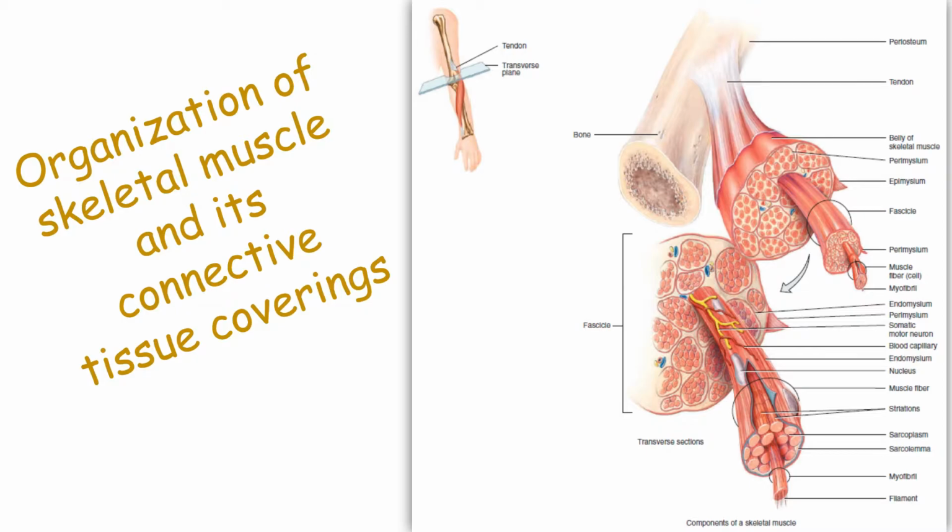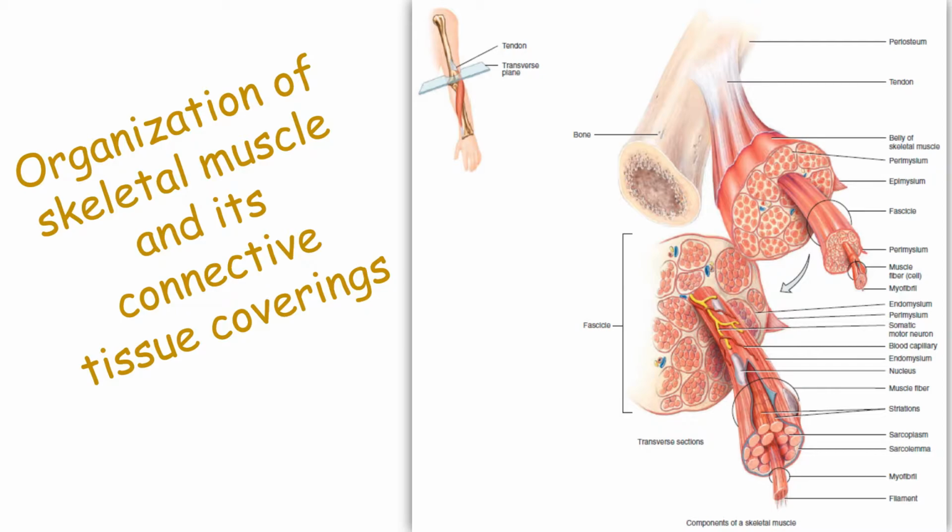It provides a pathway for nerves, blood vessels, and lymphatic vessels to enter and exit muscles. The adipose tissue of the subcutaneous layer stores most of the body's triglycerides, serves as an insulating layer that reduces heat loss, and protects muscles from physical trauma.